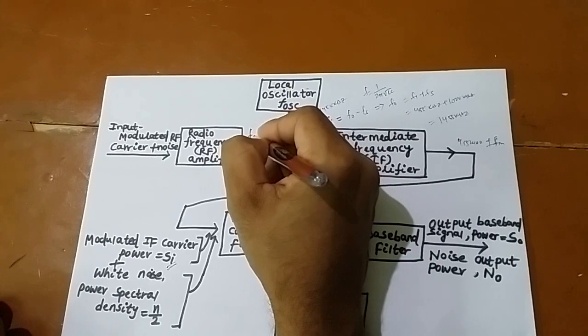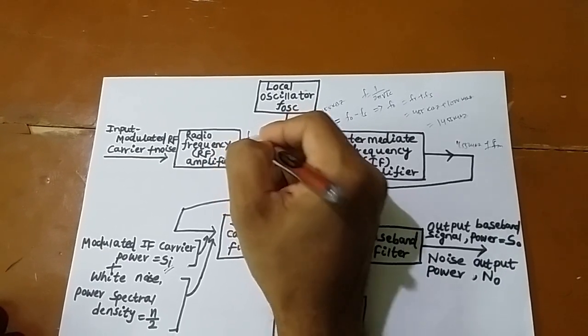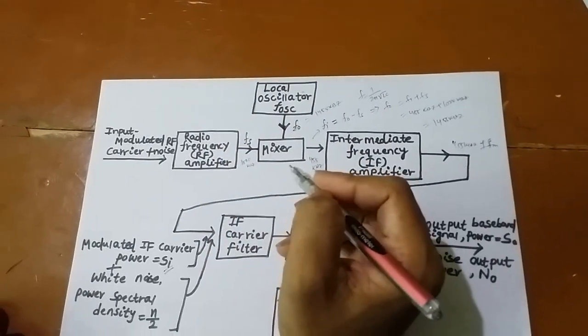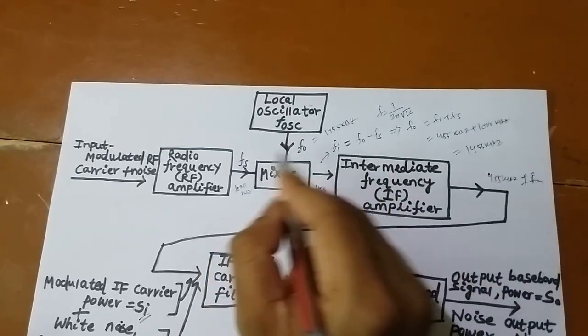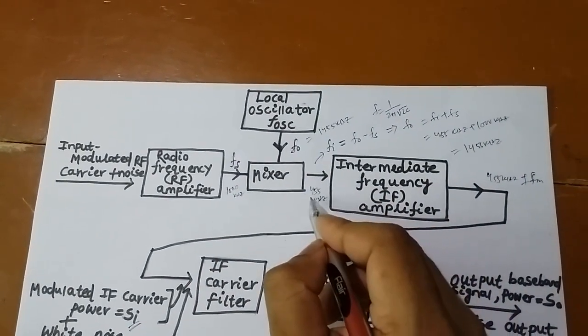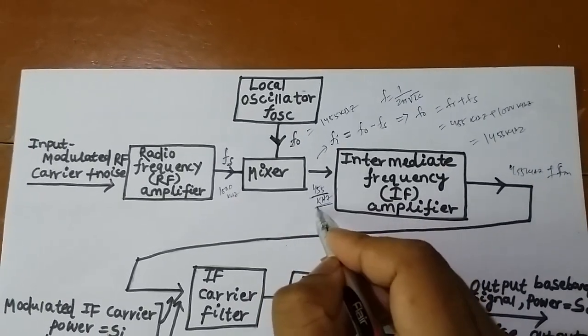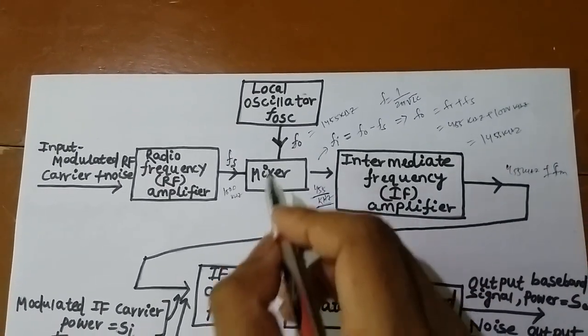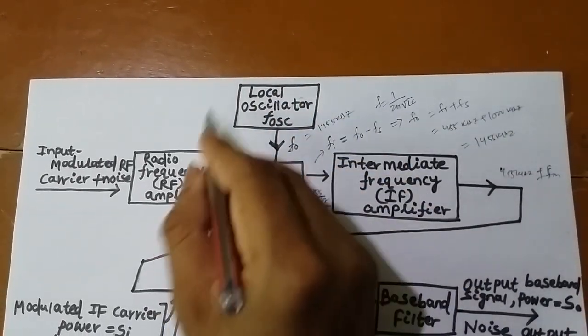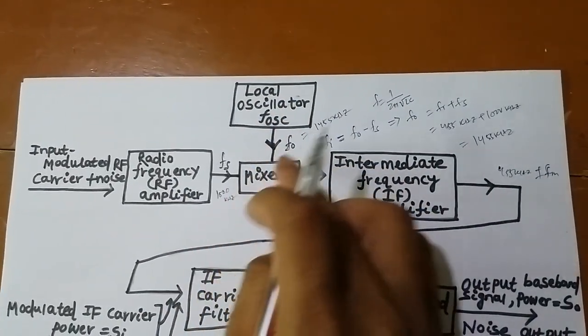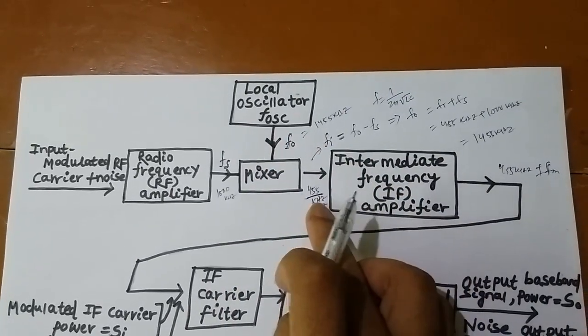Suppose the signal frequency coming, Fs, is 1000 kHz, and we have a mixer here. We have a constant intermediate frequency of 455 kHz. So what should be the frequency at the local oscillator that I should generate? The net of this Fs and F0 is 455 kHz.